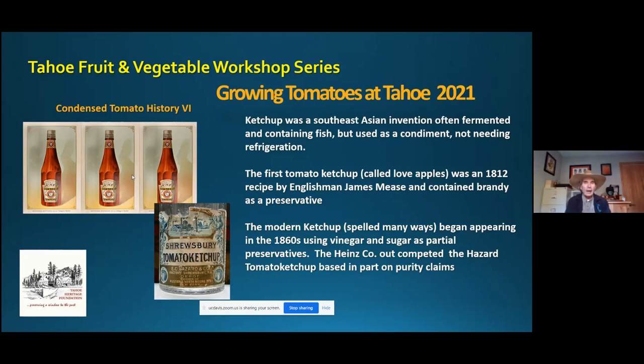And then Heinz ketchup was in an advertising competition with Hazard tomato ketchup. And Heinz won out. Hazard went bankrupt because Heinz advertising claimed that Hazard ketchup was a hazard because of impurities. Modern advertising.